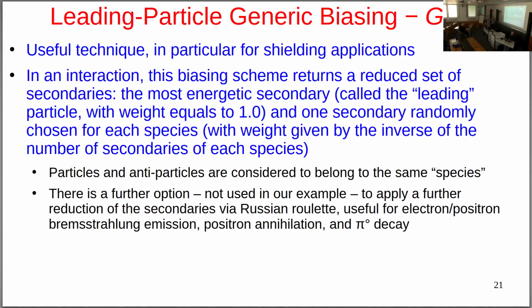This is a way to get the results in these deep shielding problems quicker, essentially. There are also options to make it even more refined by using a Russian roulette, etc., but I'm not showing it in this example. You will see what this Russian roulette method is in the next lecture.